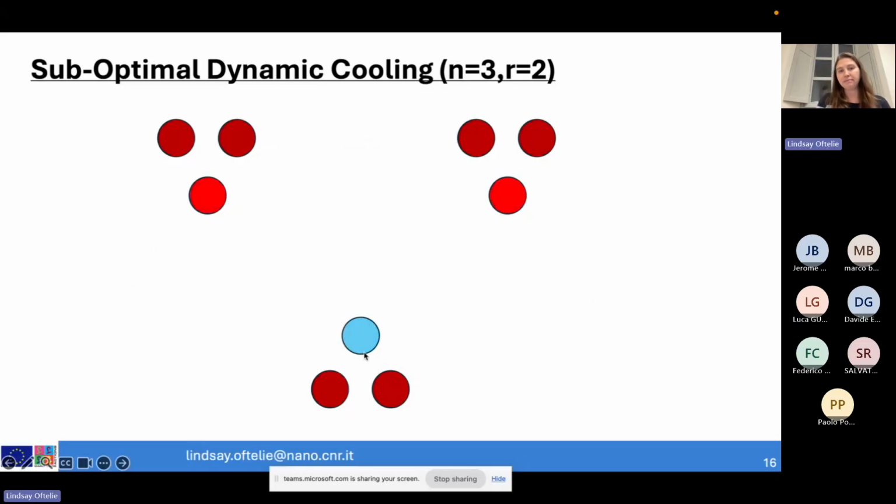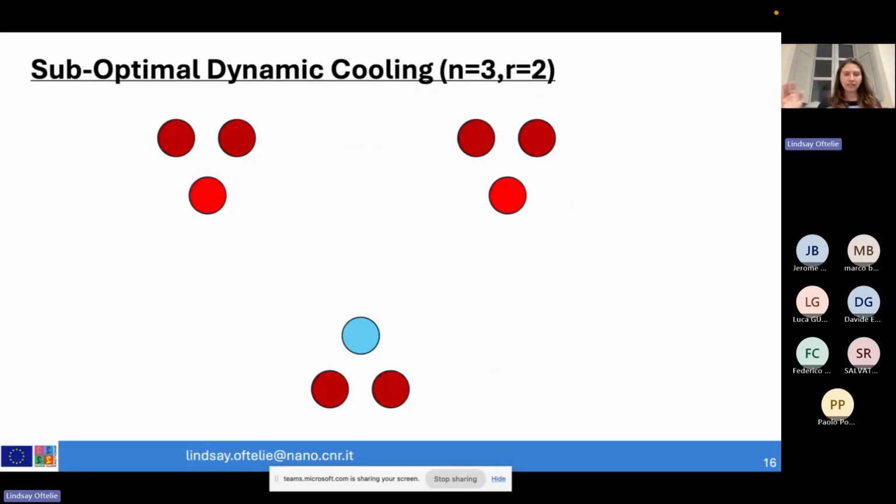Now, the final temperature of this qubit is going to be a little warmer than if we just performed optimal dynamic cooling on all 9 qubits. However, the circuit complexity of this suboptimal dynamic cooling is dramatically reduced. Instead of performing a 9 qubit cooling circuit on all the qubits, we just performed 1, 2, 3, 4 circuits on 3 qubits.